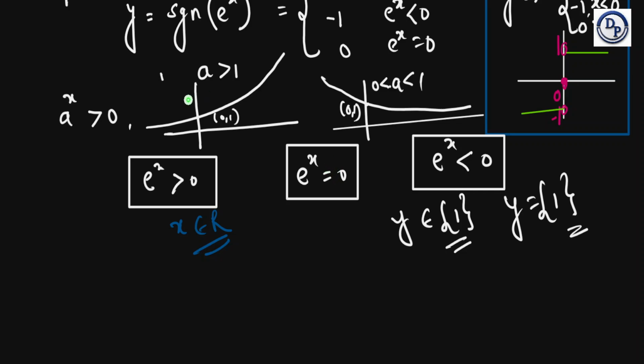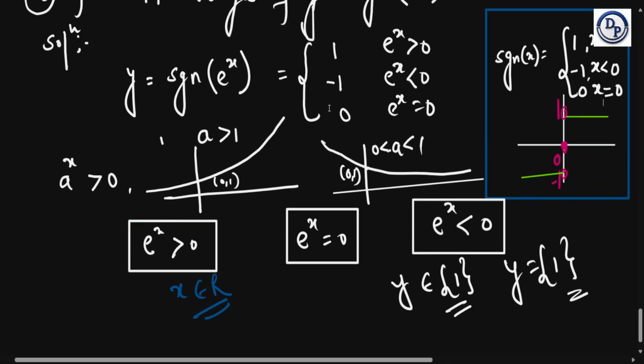In both cases, when a is more than 1 or a lies between 0 and 1, its values are always positive. So e^x cannot be 0, as it cannot touch the x-axis, and it can never be negative, as it cannot go below the x-axis, so it always takes a positive value.